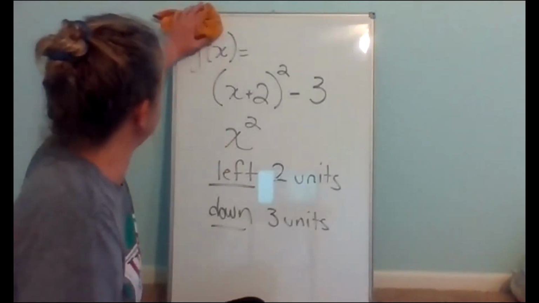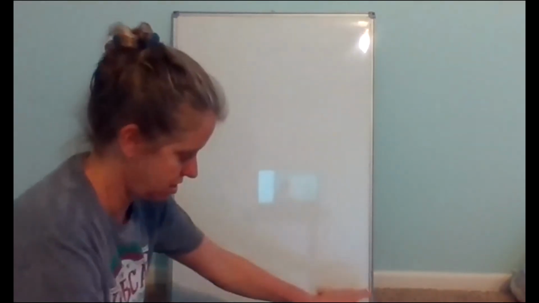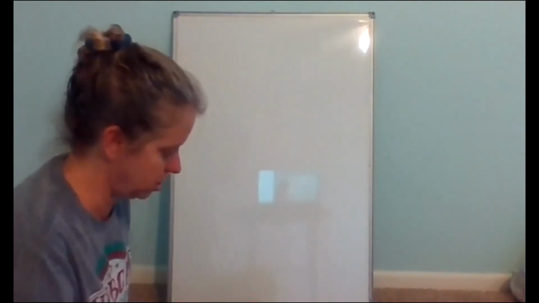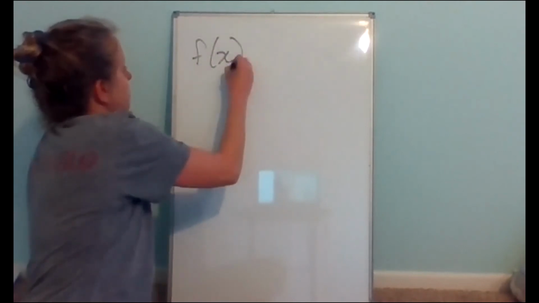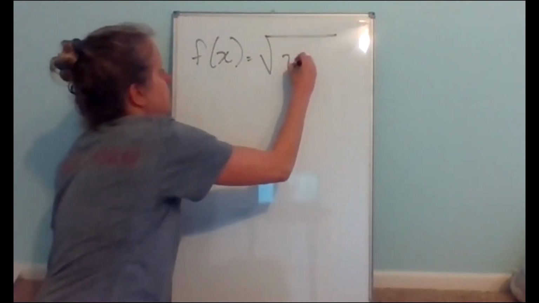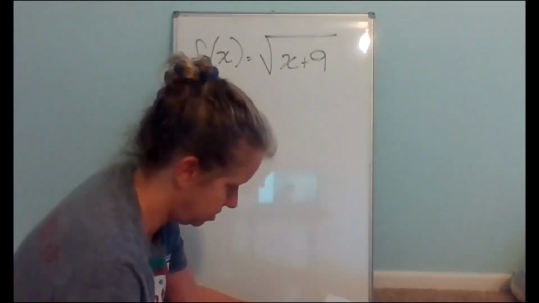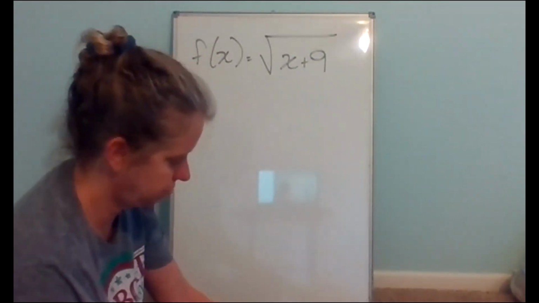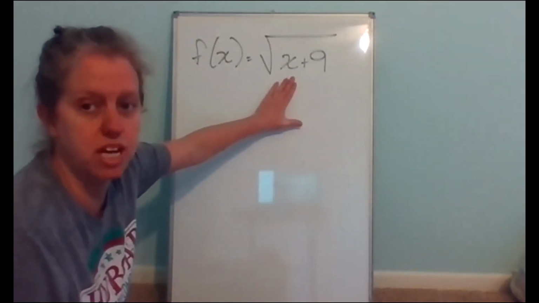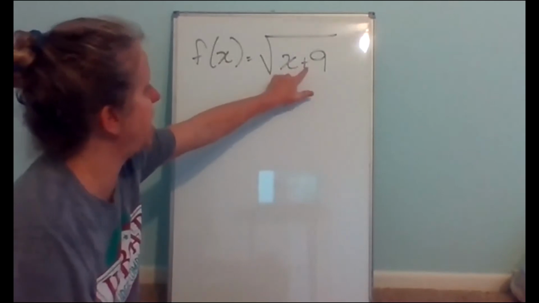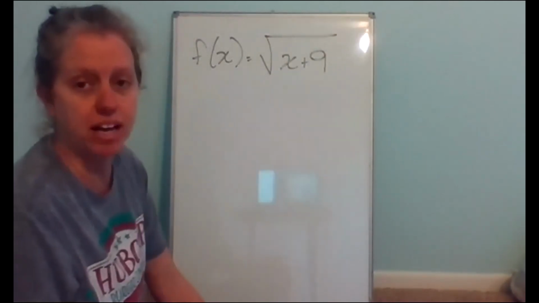All right, number 6. You have f of x equals the square root of x plus 9. Okay, so this one's another multiple choice one. This x plus 9, so this plus 9 is inside of that square root.